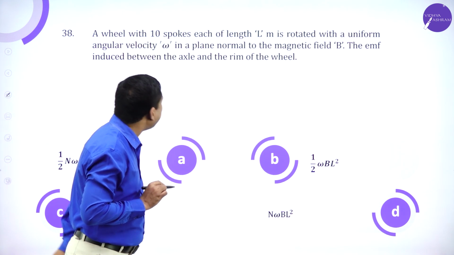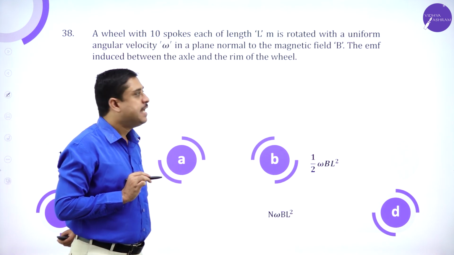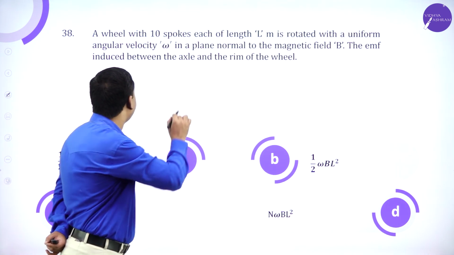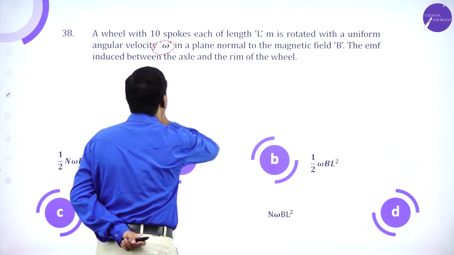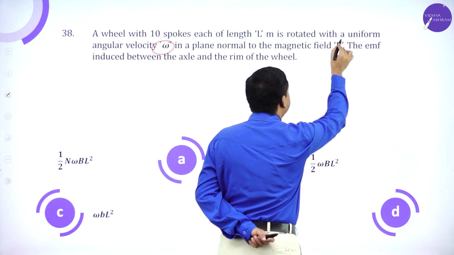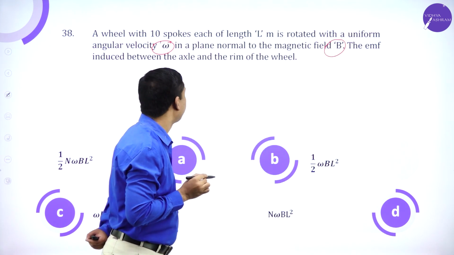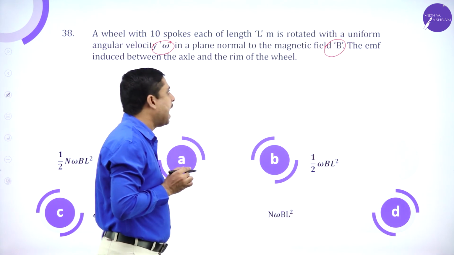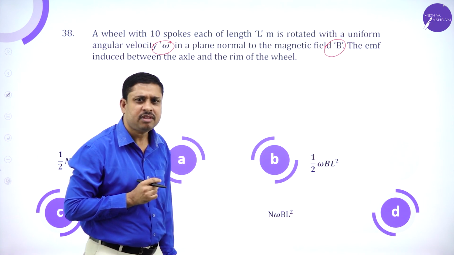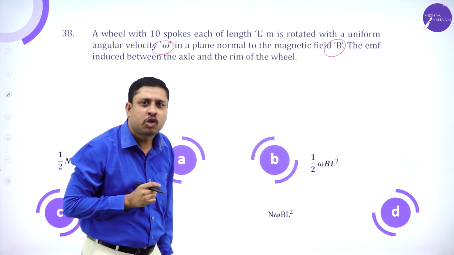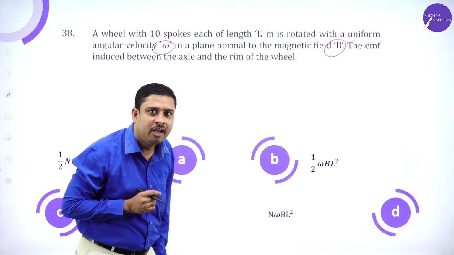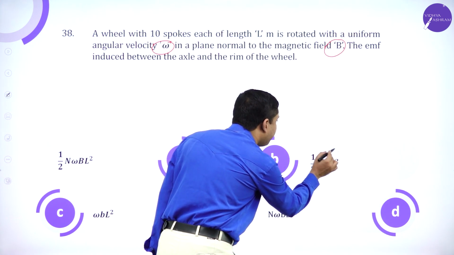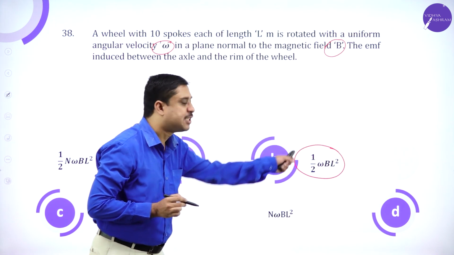A wheel of 10 spokes, each of length L, is rotated with a uniform angular velocity omega in a magnetic field B. The EMF induced between the axle and the rim of the wheel: a wheel is a circular hollow ring for which the EMF induced is half omega BL square.